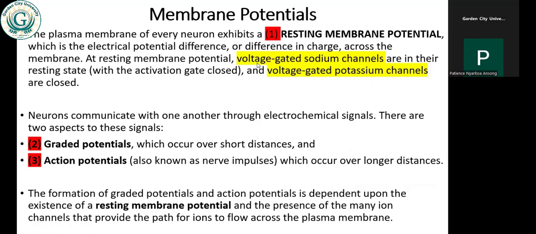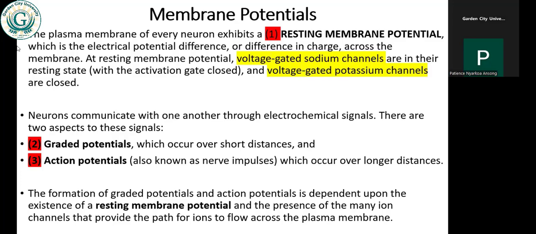So let's look at the voltage-gated channels. All these channels I made mention of are found within the cell membrane. When the neuron is at rest, the voltage-gated channels are closed. They have gates on them, and they are closed. They are not open like the leaky ones.